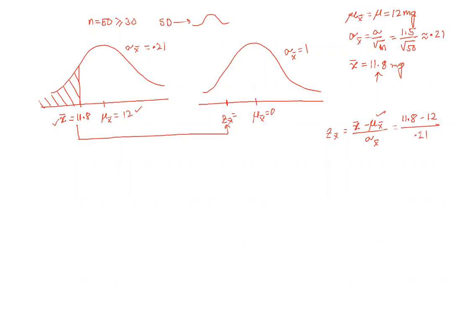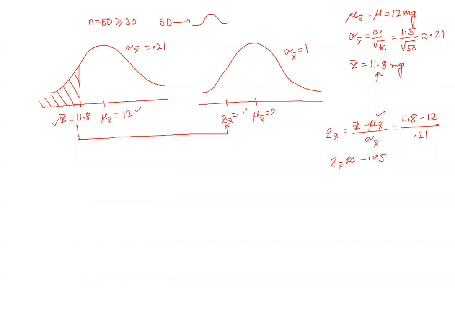If I do the math, I get 11.8 minus 12 divided by 0.21. That gives me approximately negative 0.95. So z sub x bar is approximately equal to negative 0.95. So this is negative 0.95.